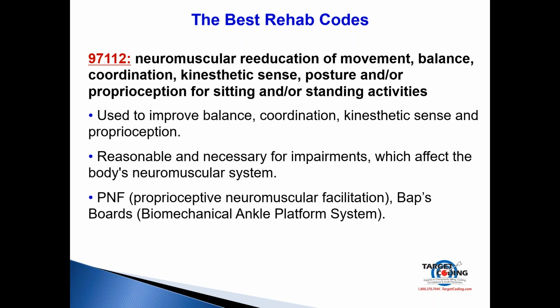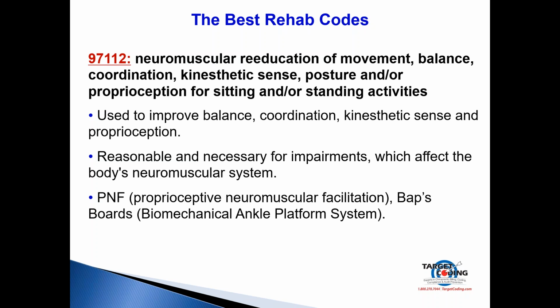All of these codes that I'm sharing with you are shared by many healthcare professionals like physical therapists, chiropractors, occupational therapists, speech-language pathologists, osteopaths, physician assistants, nurse practitioners, athletic trainers, massage therapists, all share in many of these codes. So 97112, excellent code. It's used to improve balance, coordination, kinesthetic sense, proprioception. So again, if you're going to be using this service to improve, let's say, proprioception, what should the patient have a lack of?